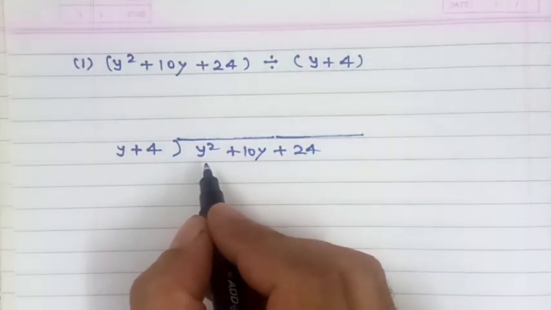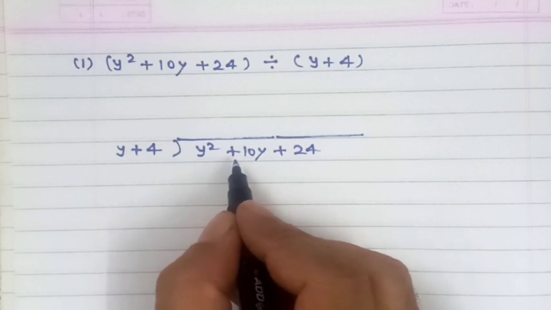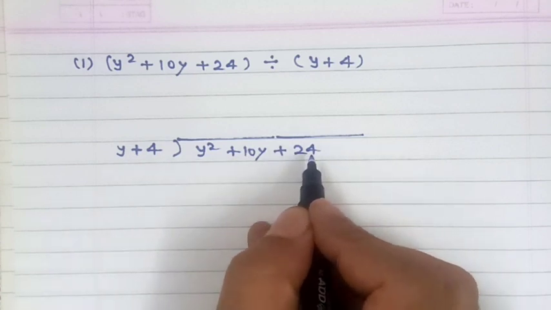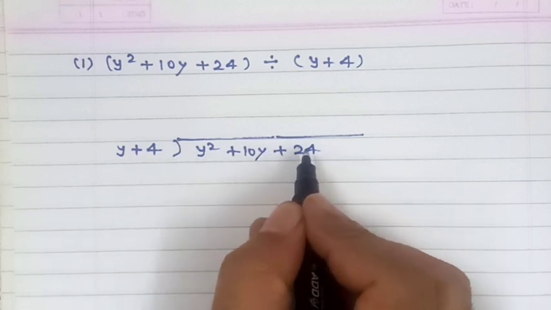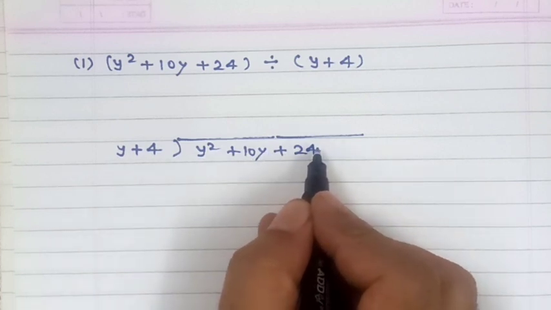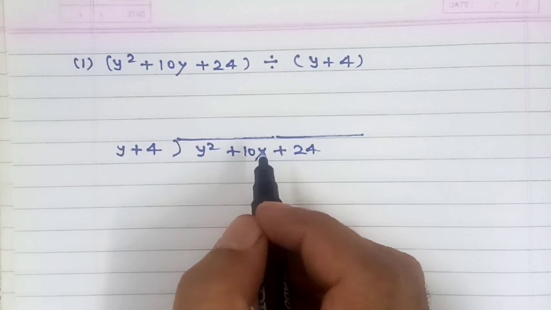Now you have to check the order of indices of each term of the dividend. Here the order is 2, here it is 1, and here it is 0. If any index term is missing, assume the coefficient of that term to be 0 and then complete the descending order.